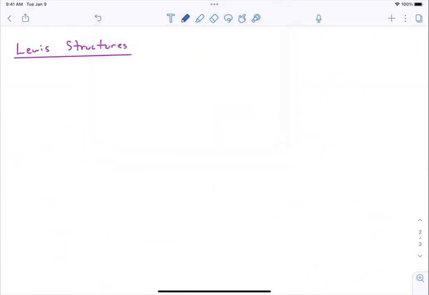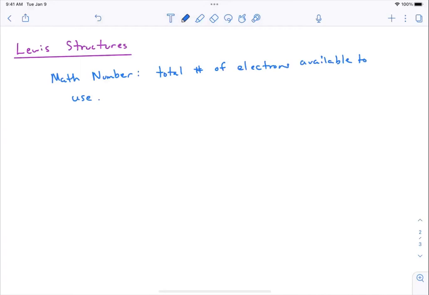Okay. So here's how I do Lewis structures. I have two terms here, and I will call this, for our purposes, the math number: the total number of electrons available to use. So that is the sum of valence electrons minus the charge.